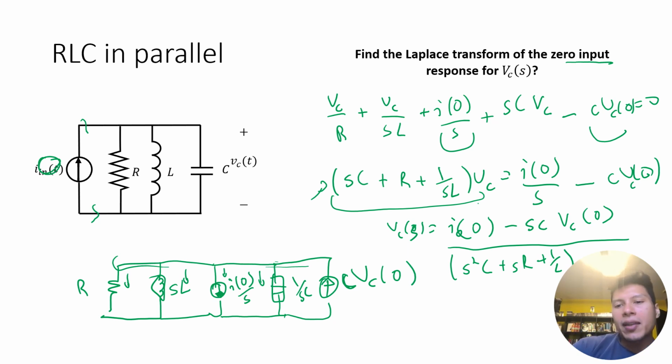I could have also divided by C to make it look even prettier. So that's basically our zero input response in the Laplace domain. We can inverse Laplace it, and then we can get our solution.